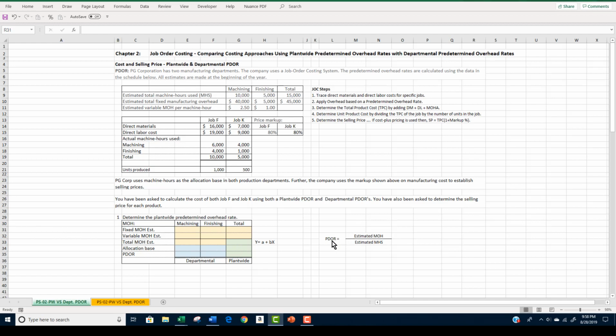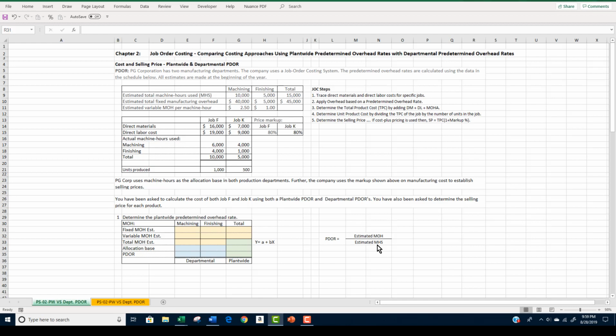The PDOR is always based on estimates and is done at the beginning of the period. The PDOR formula requires that you divide the estimated manufacturing overhead for the year by the estimated amount in the activity base.